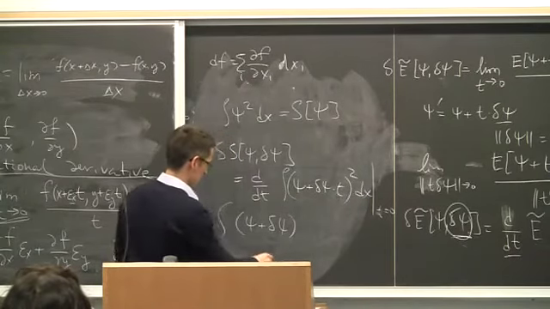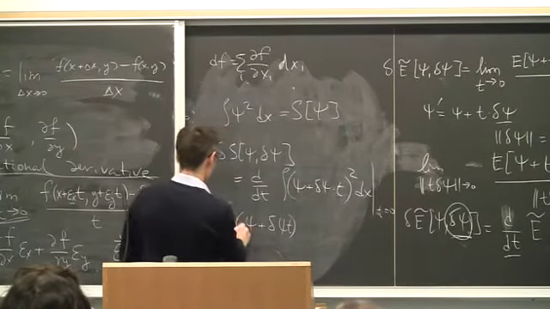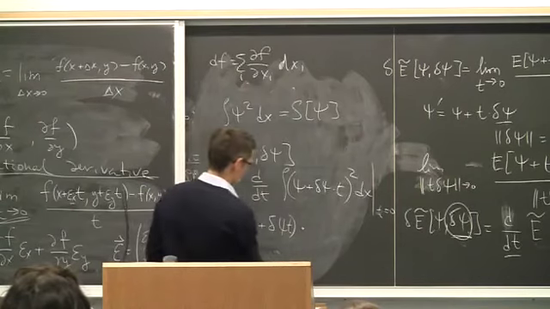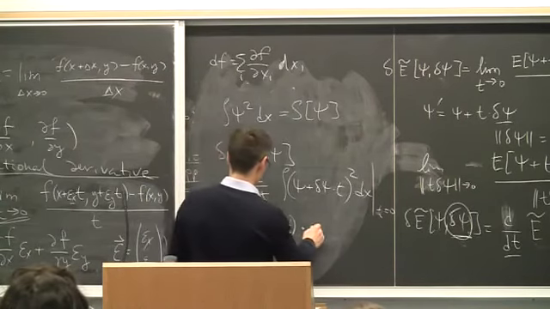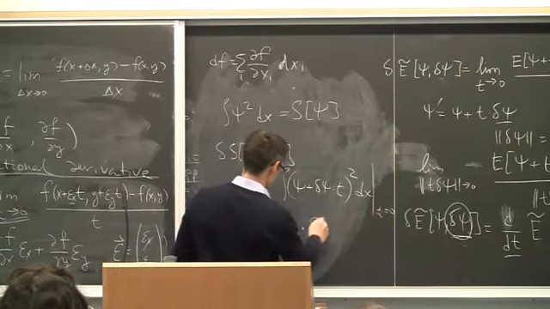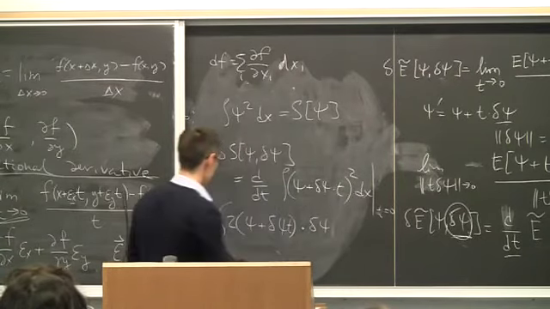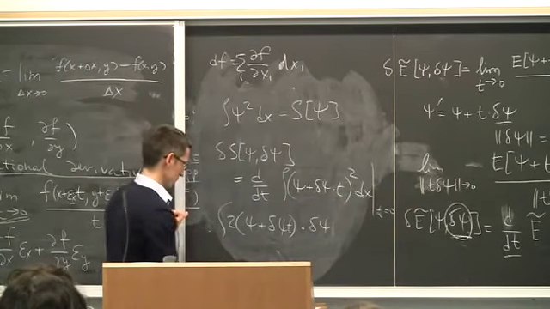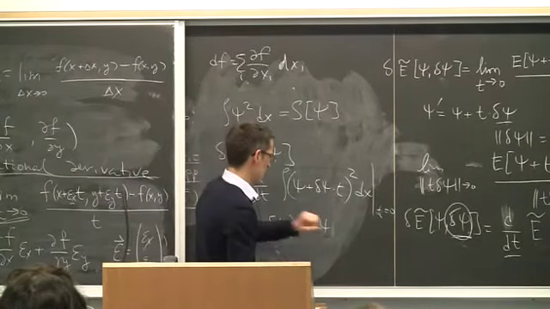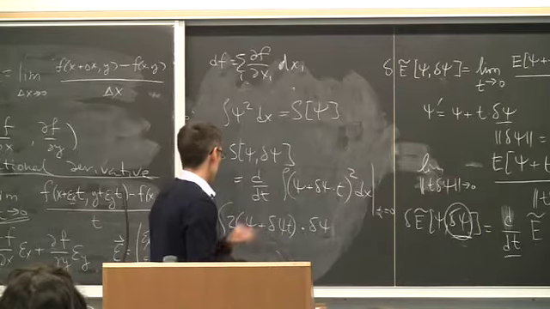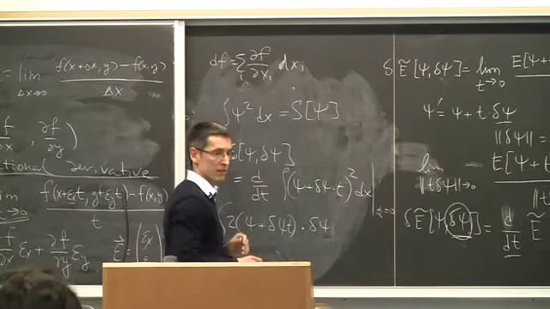So we have 2, and then we have multiplied by the derivative of the inner expression. Delta psi is a kind of direction in which we vary.